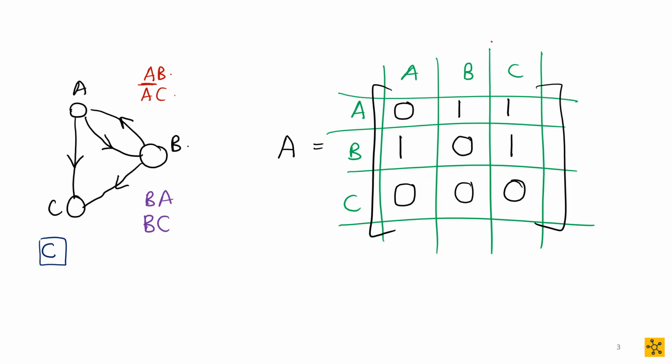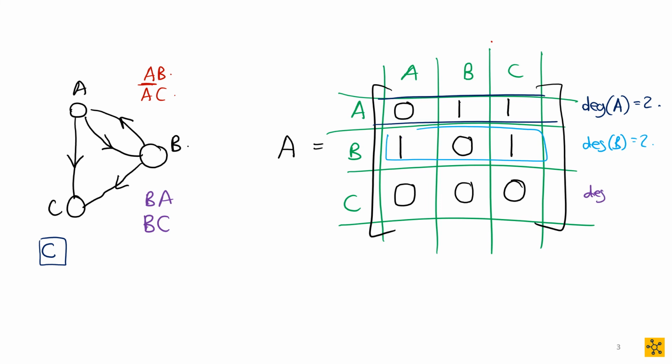If we sum up the rows, we have the degree of A is equal to 2, the degree of B is equal to 2, and the degree of C is equal to 0.